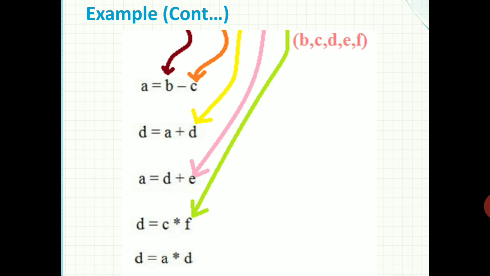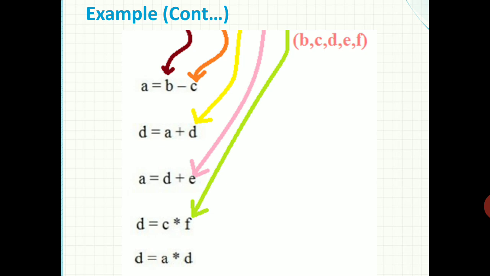That is, b is already defined, so already assigned, so we can use that b in this set of code. So b is assigned some value. Then c, d, e, f were also assigned before this set of statements.